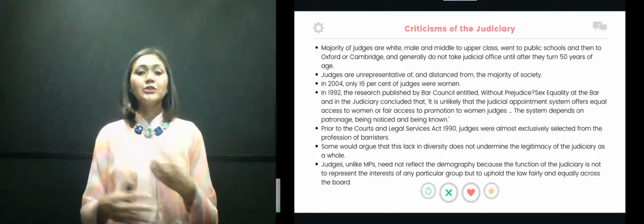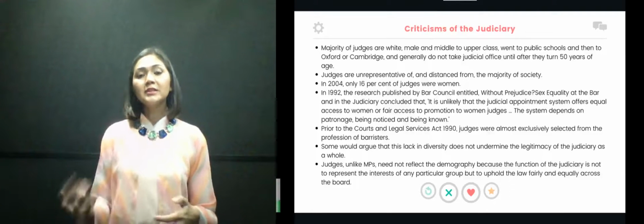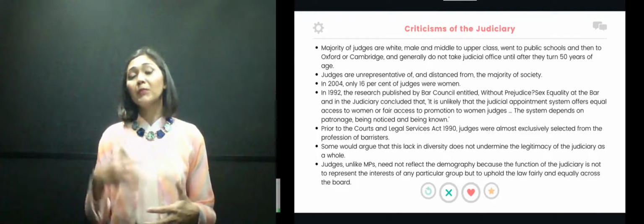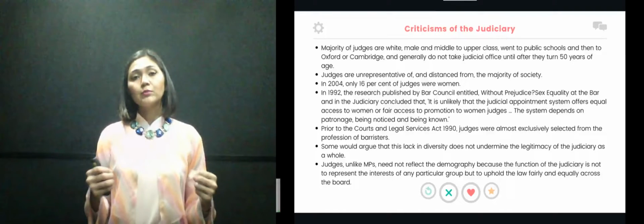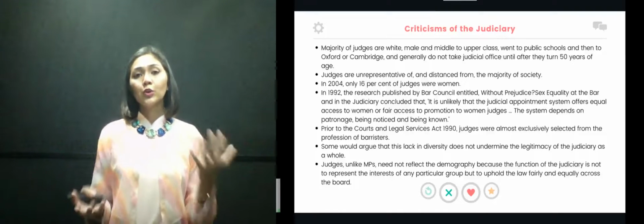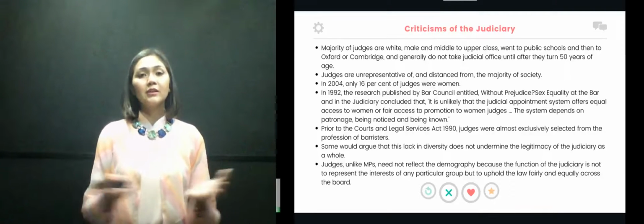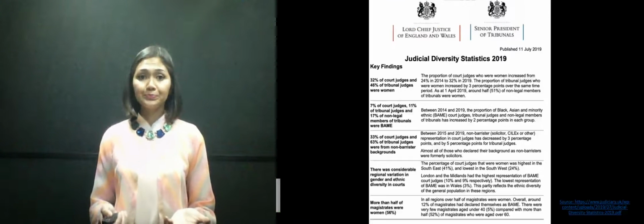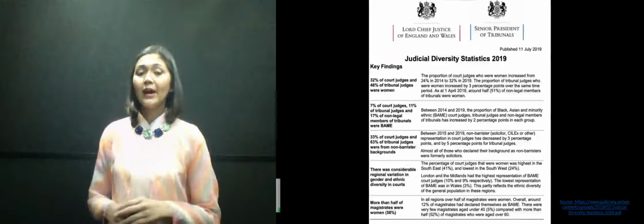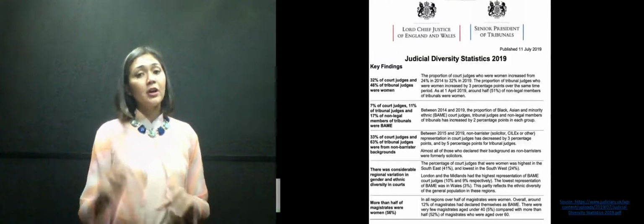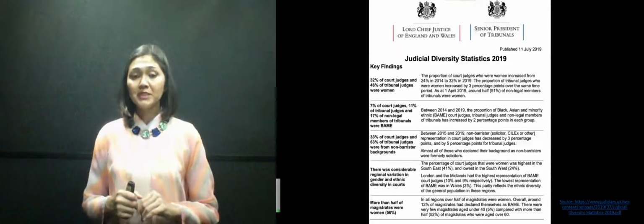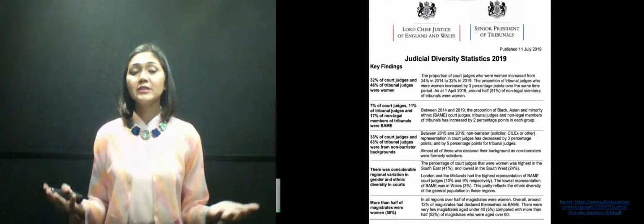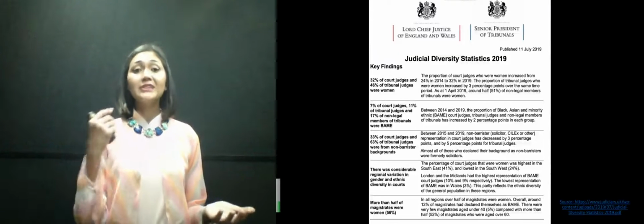So much research was done, and over the years they have tried to improve the appointment of judges. They have to ensure that there is a good balance in terms of the ethnicity and background of the judges as well. As you can see, I've extracted this information from the government website with regards to Judicial Diversity Statistics 2019.